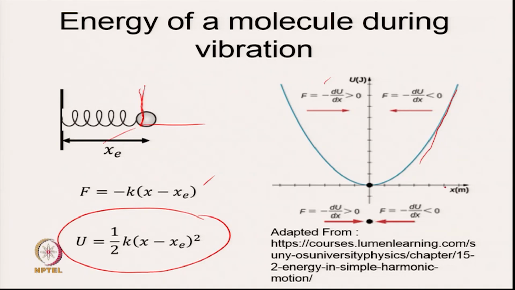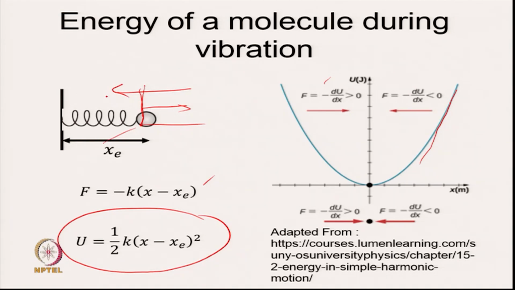Here x is positive, which means you are extending the system, and force will be towards the left-hand side. So, if we take the slope here, it is positive, and your f direction will be negative, so it will be this side.